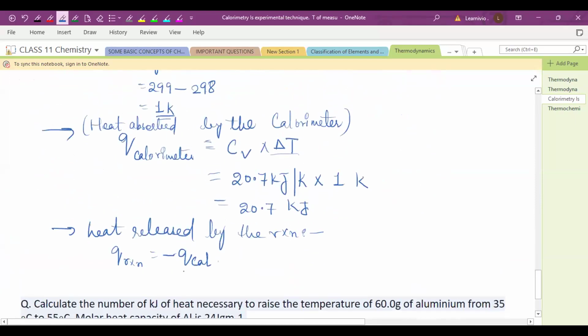That's why I have put the negative sign, so this will be equal to minus 20.7 kilojoule. When heat is released, there must be a negative sign. So the heat released by the reaction is equal to the heat absorbed by the calorimeter, and it is negative.